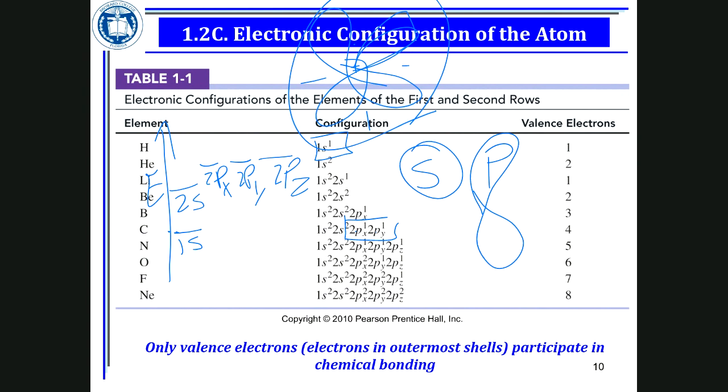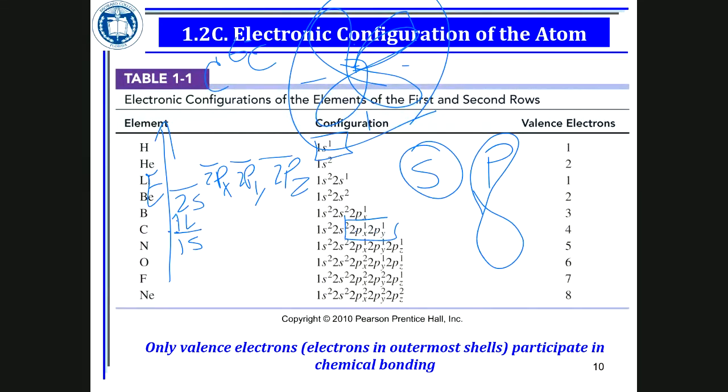So going back to carbon, the energy diagram for carbon with its 6 electrons: the first electron is going to go to 1s. And this arrow shows the spin, clockwise or counterclockwise. The second electron would go to 1s. Electron number 3, where would it go?